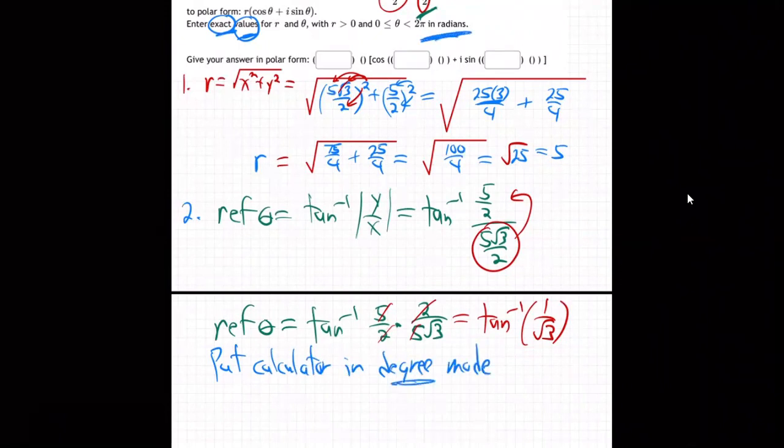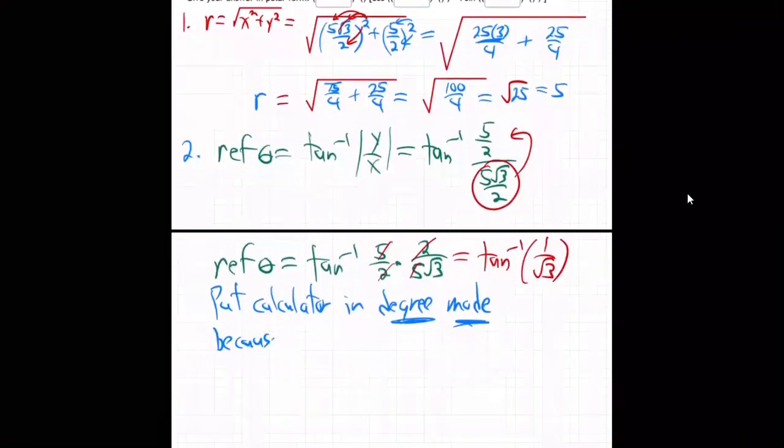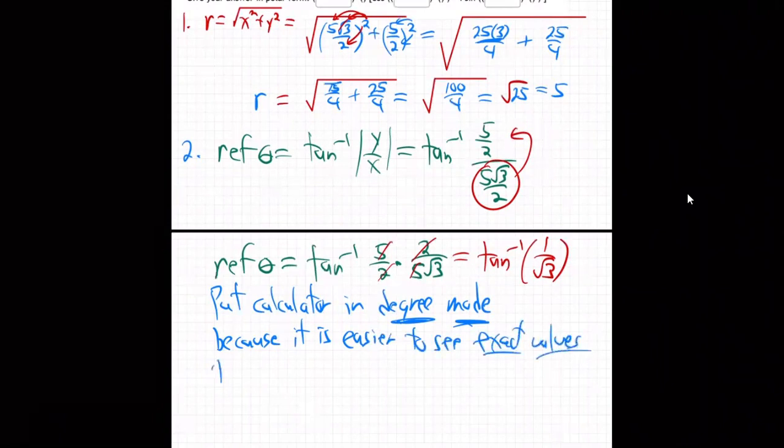But put the calculator in degree mode because it is easier to see exact values, then change to radians at the end, and do that using the unit circle. That's the game plan. That's the easy way to do this.